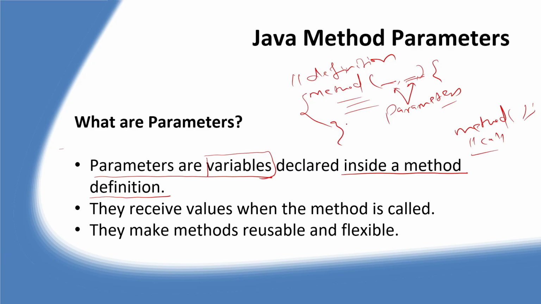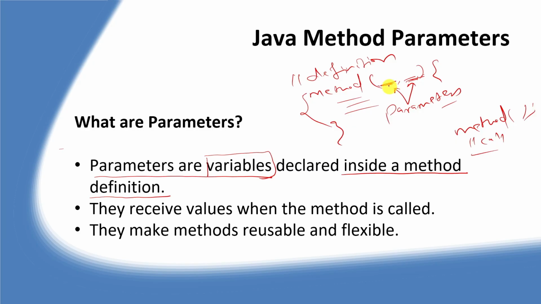Okay, so instead of using fixed values inside a method, we can pass different values whenever we call it. So this makes our methods much more reusable. So we have two different options. Here we can pass hard-coded, fixed values.